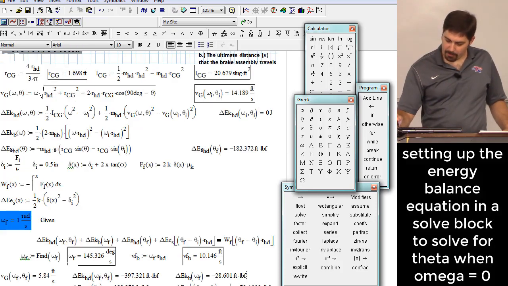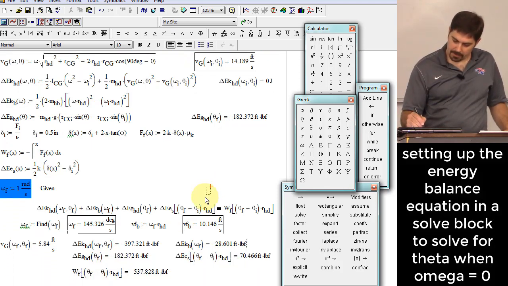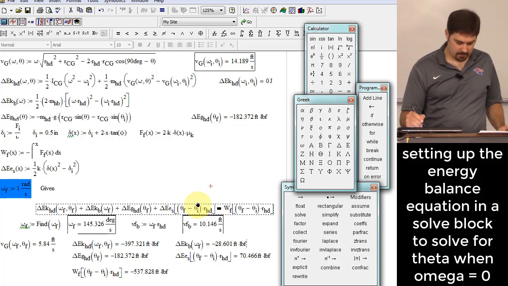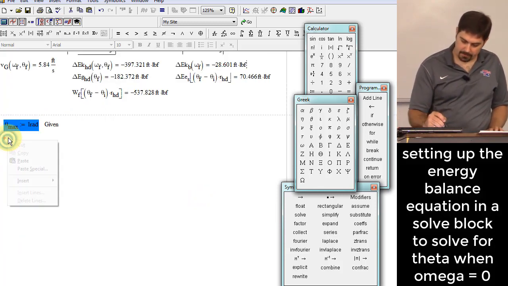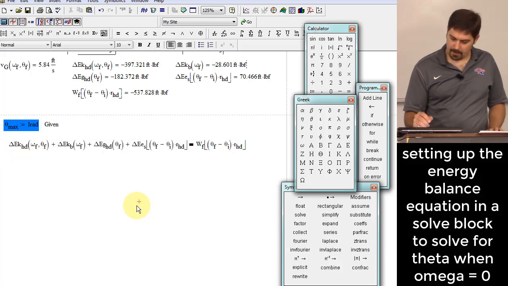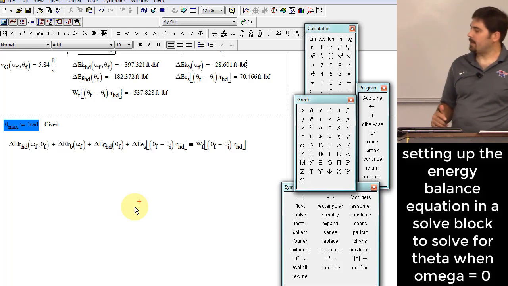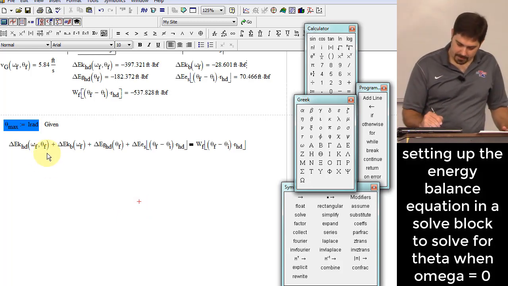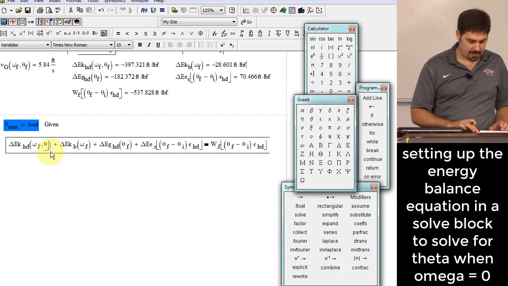My basic form of my equation doesn't need to change. Okay, the only thing that needs to change here is what my arguments are. All right, that's the same equation that I used a minute ago, but now what I want to do is everywhere I have a theta f, I want to turn this into a theta max.